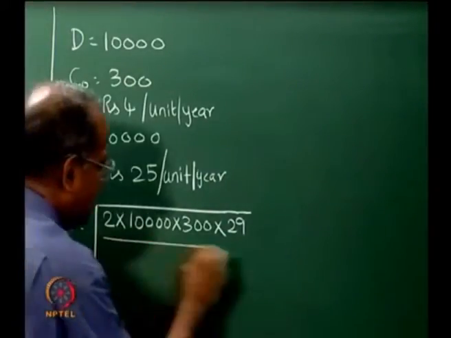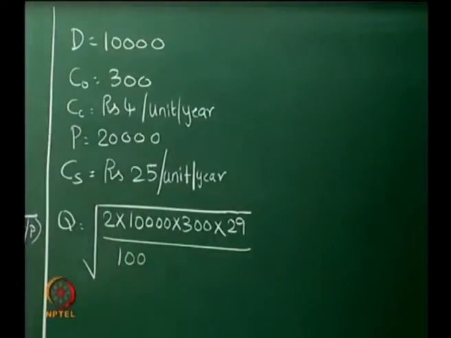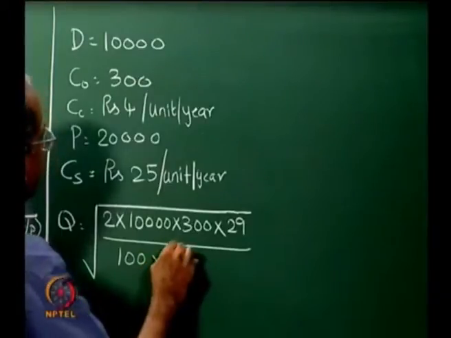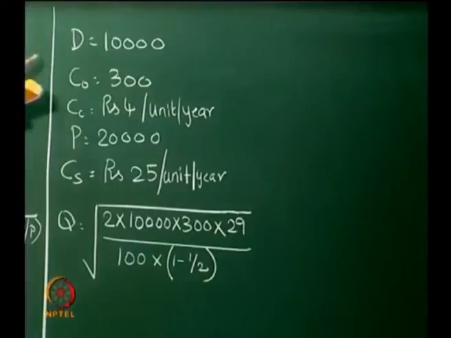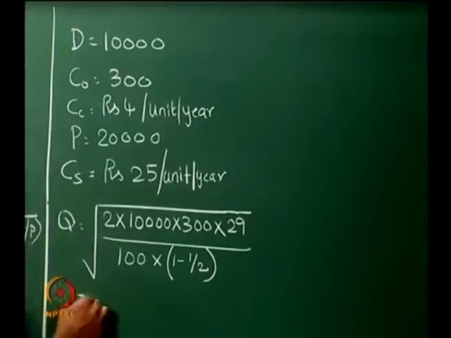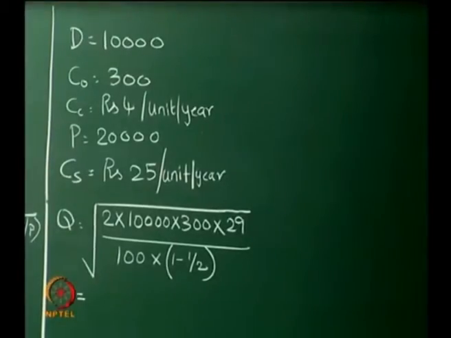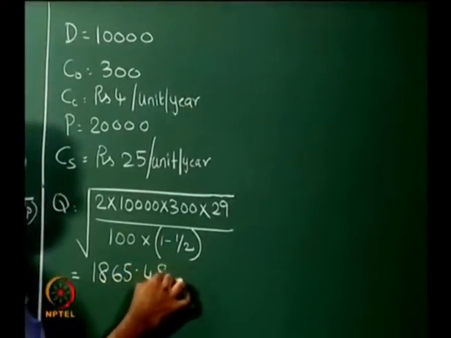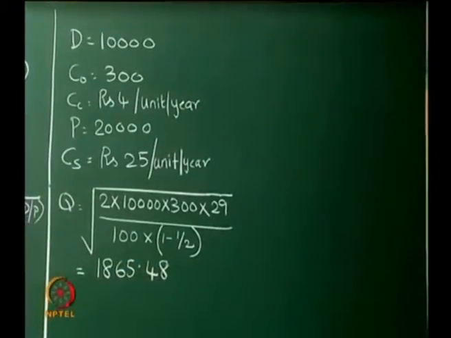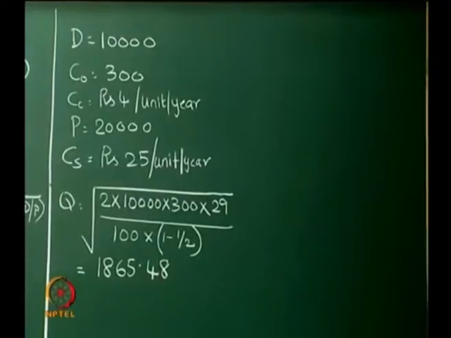Cc plus Cs divided by Cc into Cs, which is 100, 25 into 4, into 1 minus d by P, which is 1 minus 10,000 by 20,000, which is 1 minus half. So, this on simplification would give us a value of 1865.48.